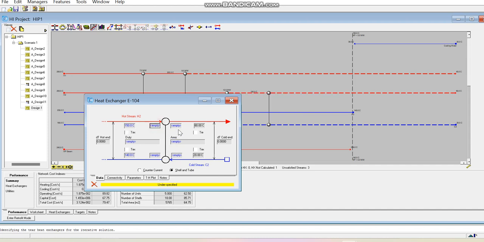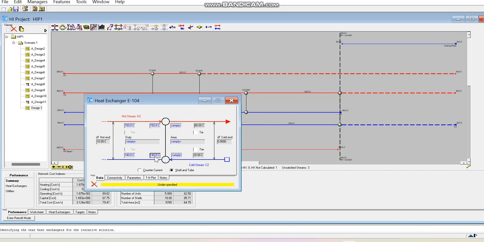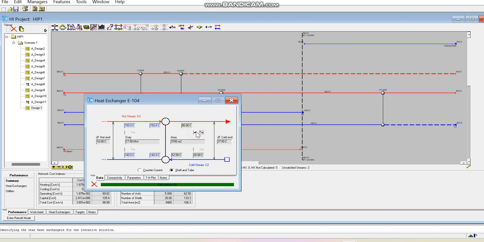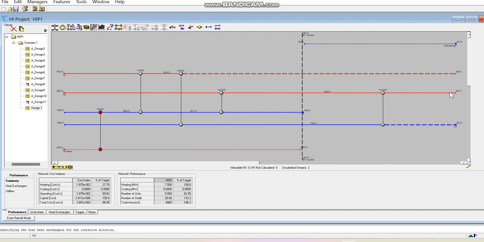Yeah, the hot must be entering at 150, and the cool is leaving at 140 degrees. So if I click on this tied, that means that this heat exchanger will transfer 17.5 megawatt, and the cool stream input temperature must be 52 degrees C, not 20 degrees C. So it will achieve its target of 140 degrees C. You can see that now this is a solid line. That means that it has achieved its target.